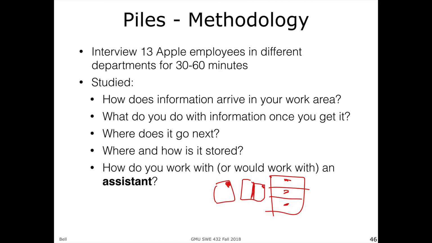Maybe that's a folder, binders. The paper goes in the folder goes in the filing cabinet. How do you do that? And if you had an assistant, how would they help? Would the assistant be able to automatically put things in folders, or automatically put folders in filing cabinets, or sort things or organize things before you get them?